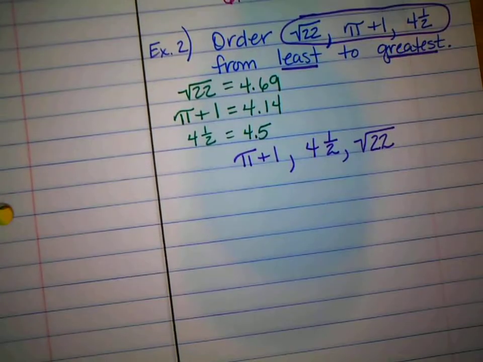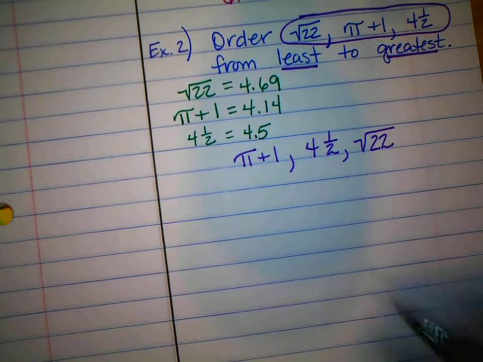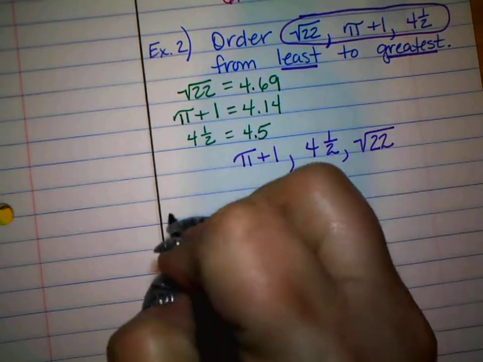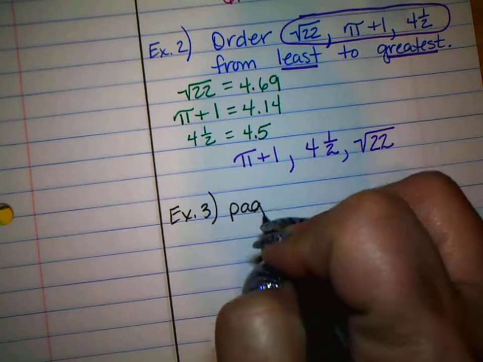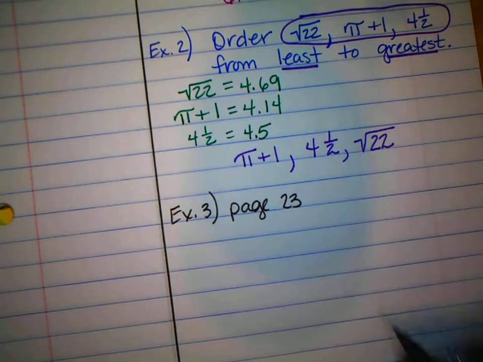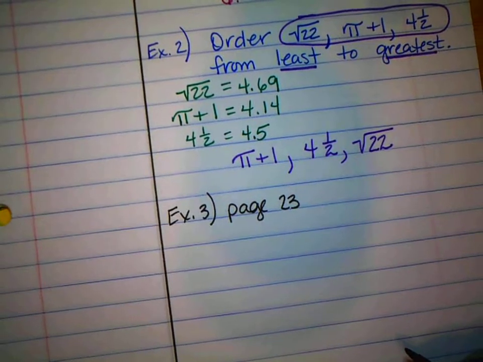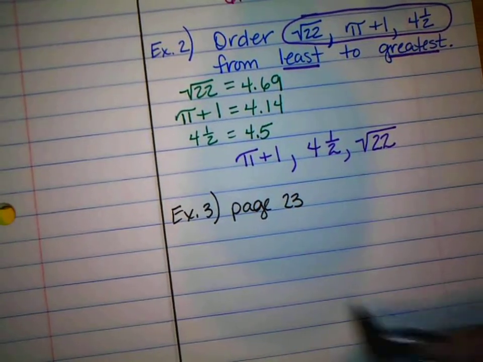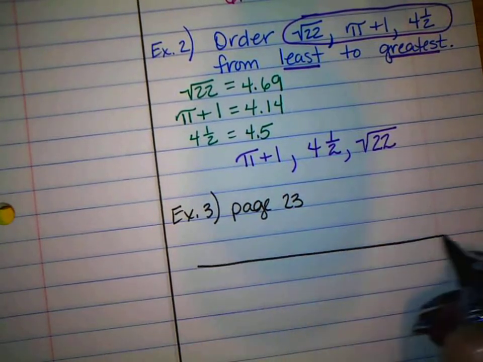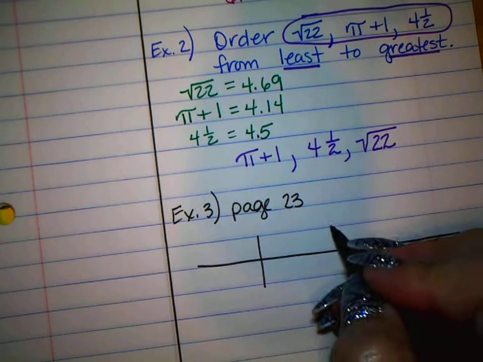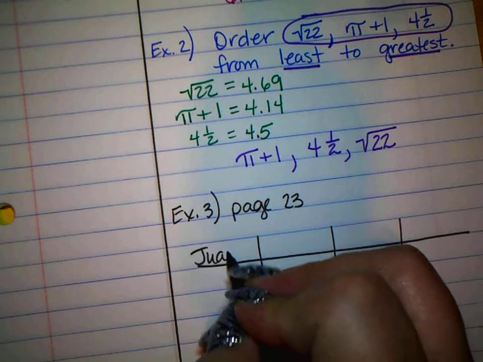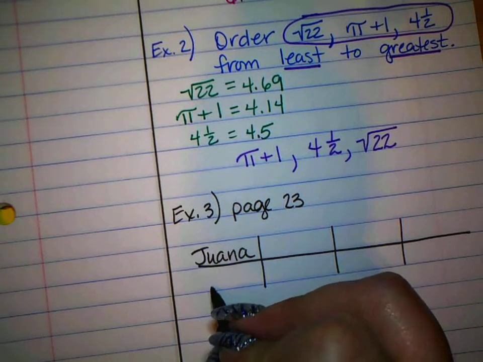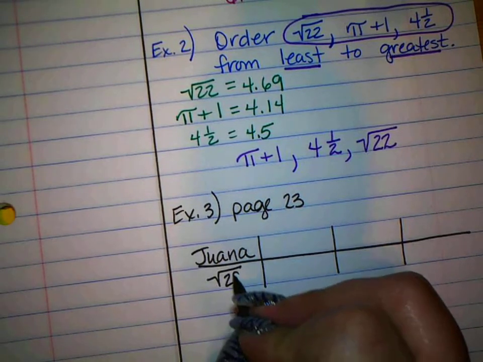I'm going to do another example. This one comes from page 23 in your book. There's a story problem that goes along with this. I'm just going to pay attention to the table, and I'm going to give you that information here. We have Juana with square root of 28.